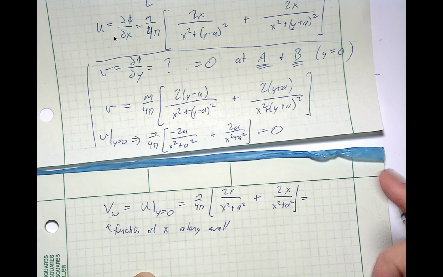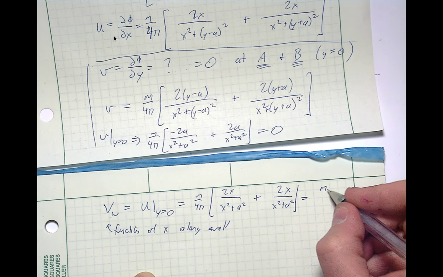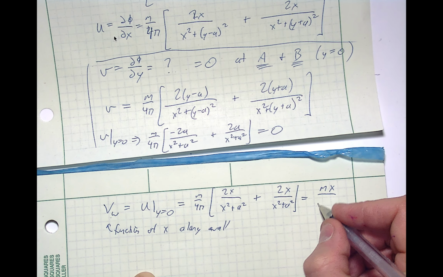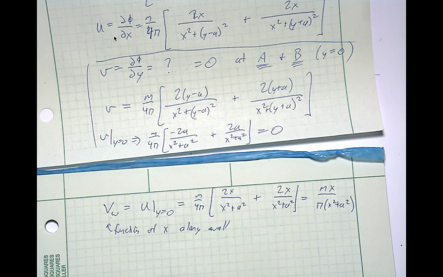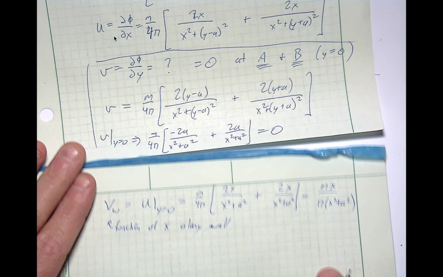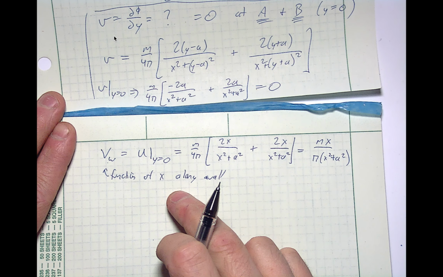We see that we'll just have the 4s cancel, which is just going to be mx over pi times x squared plus a squared. All right, so that's the velocity at the wall as a function of x.